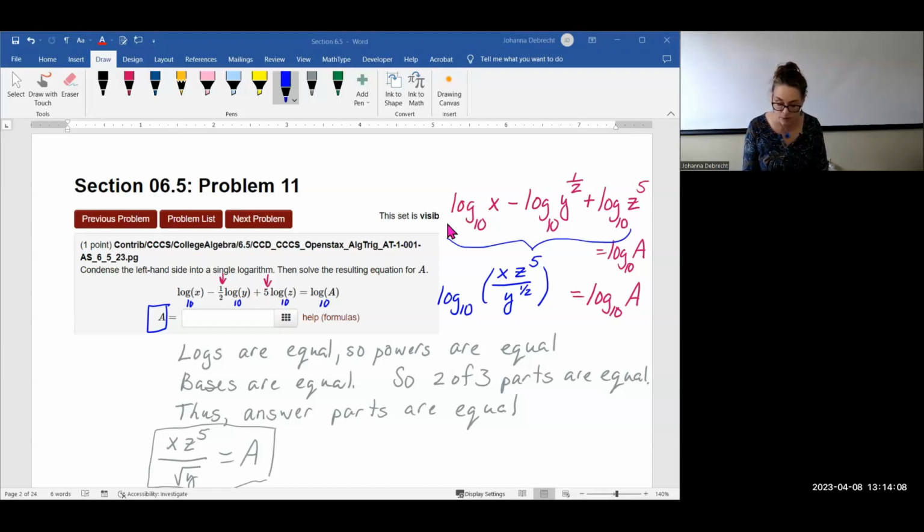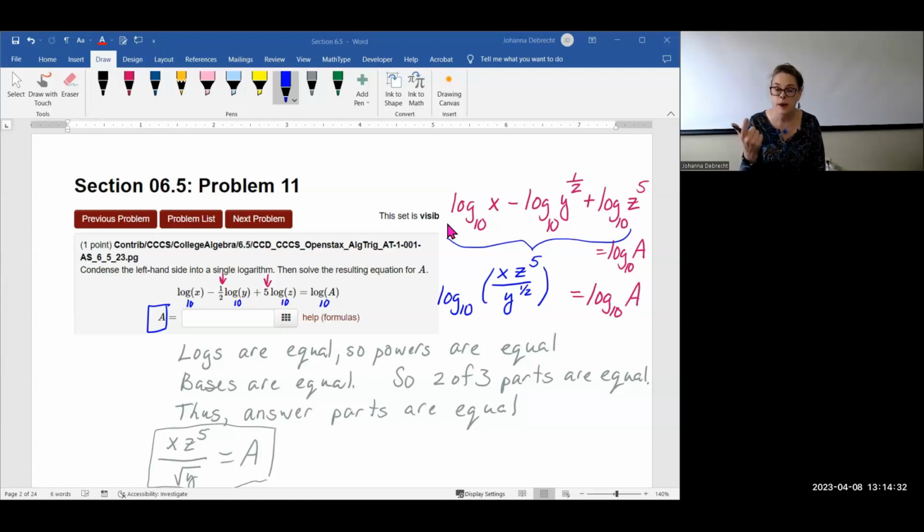So then I had log base 10 of xz to the 5th over y to the 1/2 equals log base 10 of a. Now, there was a property that says if the logs are equal, then what we're saying is the powers are the same because the log is the power. And they both have base 10, so the bases are equal, and that's 2 out of the 3 parts.